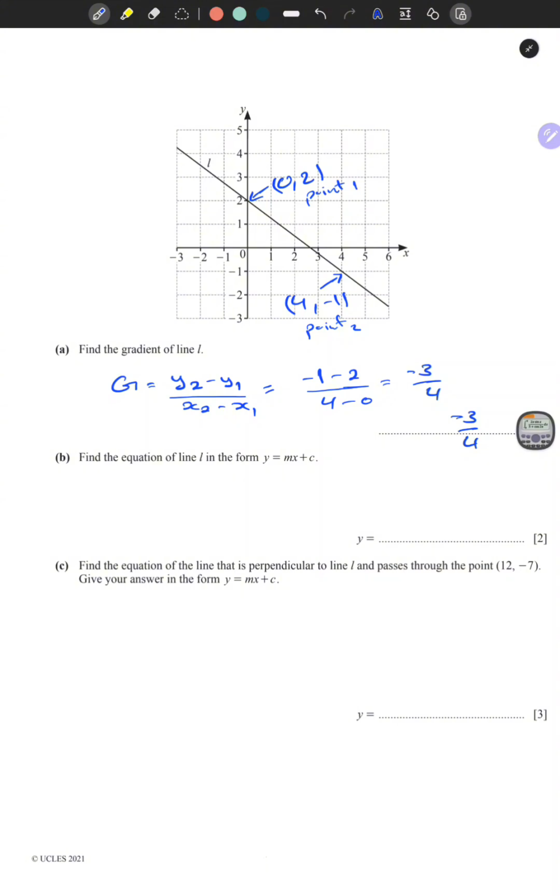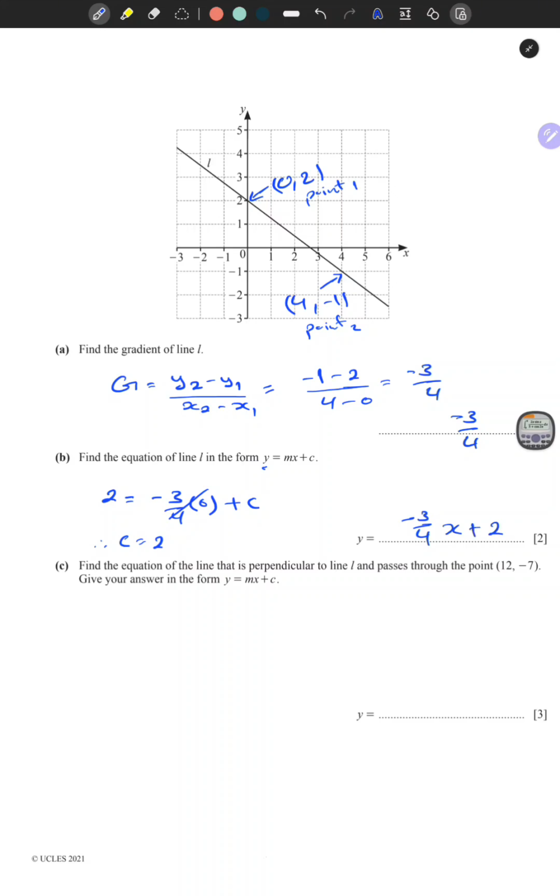So 2 equals -3 over 4 times 0, plus c. All of this cancels out because any number times 0 is 0. Therefore c equals 2. So you can write the equation as y equals -3 over 4 x plus 2.